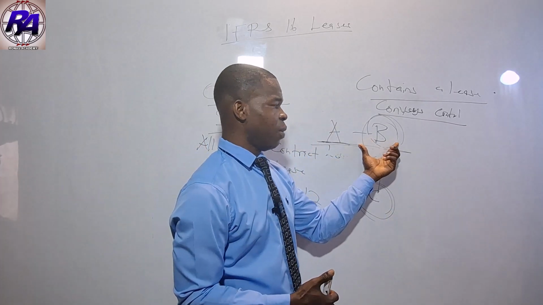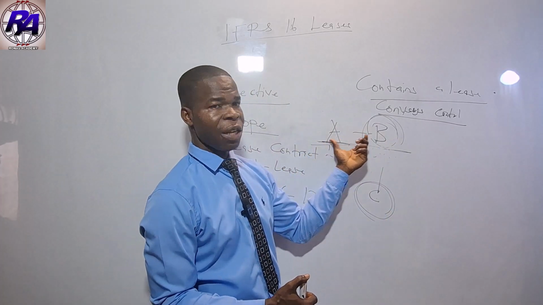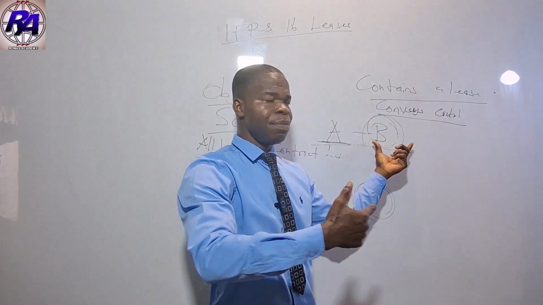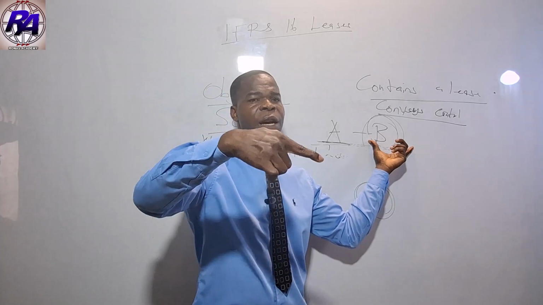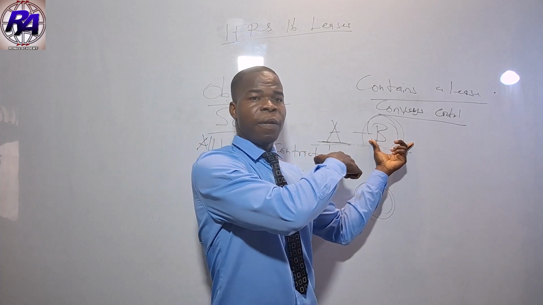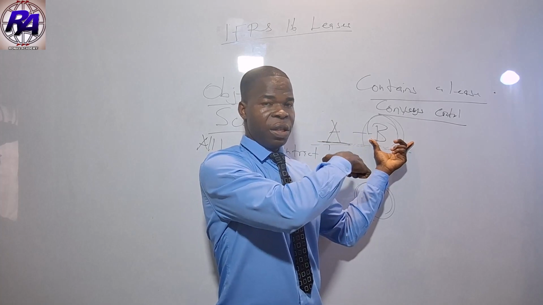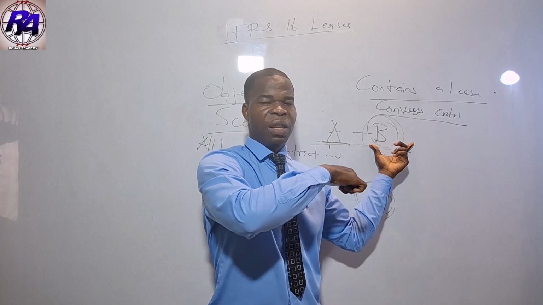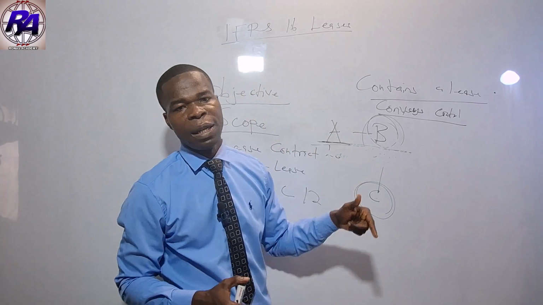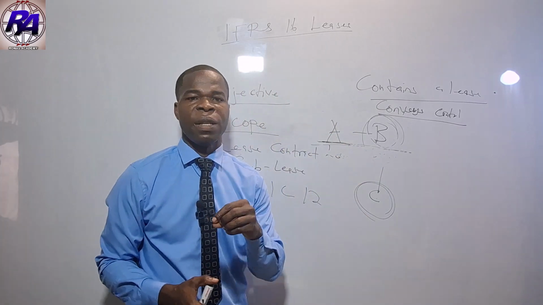B, who is taking the asset from A, has had that control conveyed to B, and B in return is going to give some form of consideration to A in exchange. When that happens, we are saying that that is a lease contract. That contract contains a lease.